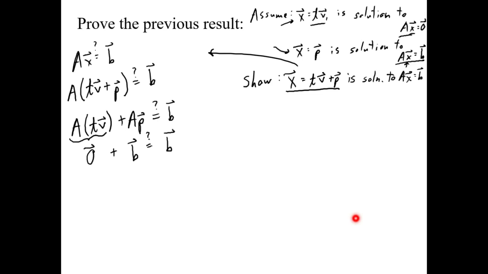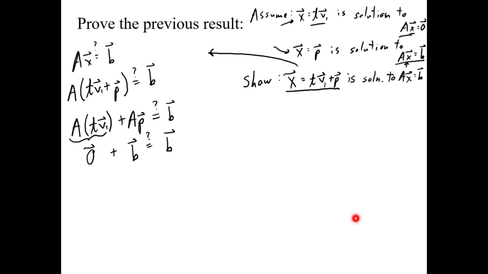If t times v is a solution to Ax = 0, that means that A times tv will be 0. Likewise, if I assume that p is a solution to Ax = b, that means that A times p will be equal to b.